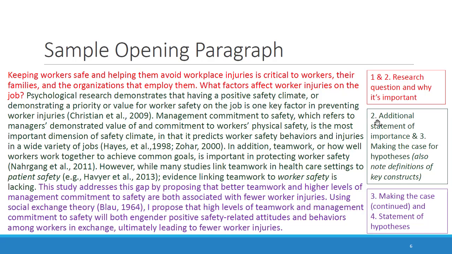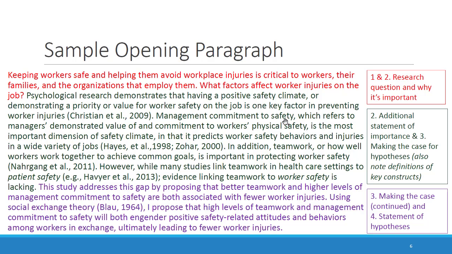In the green text, we have more about the importance and also making the case for the hypotheses and definitions of key constructs, like I have on slide 5. So here I say psychological research demonstrates that having a positive safety climate or demonstrating a priority or value for worker safety on the job is one key factor in preventing worker injuries.